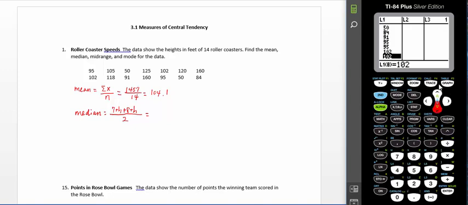The 7th number is 102. The 8th number is 102. So 102 plus 102 divided by 2 is 102. Again, please make sure you show me the work that you understand. When there are 14 numbers, you must average the middle 2.